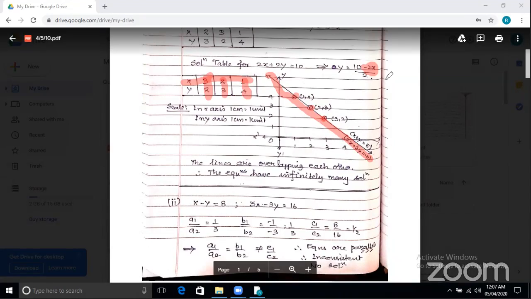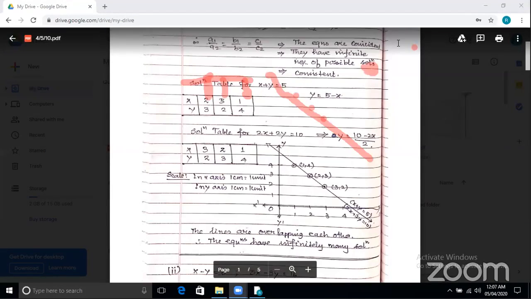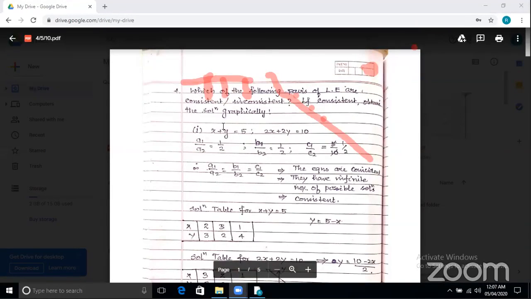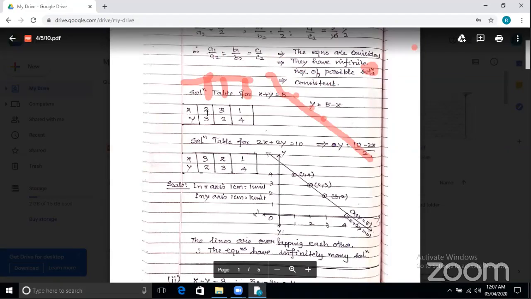Now, see the previous one also. This is also the same thing, you see. This also has 2, 3, 3, 2, 1, 4. The same values are coming here.